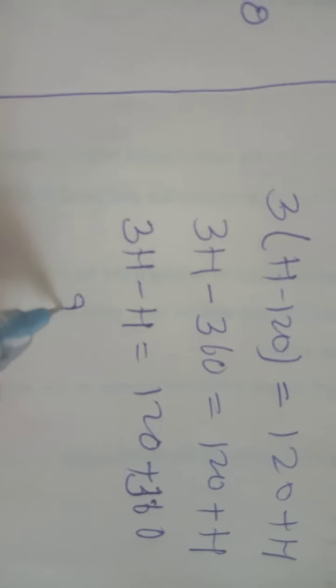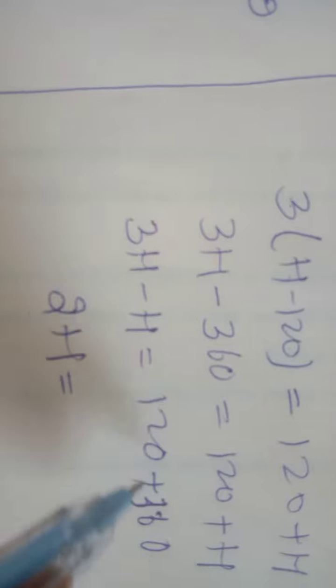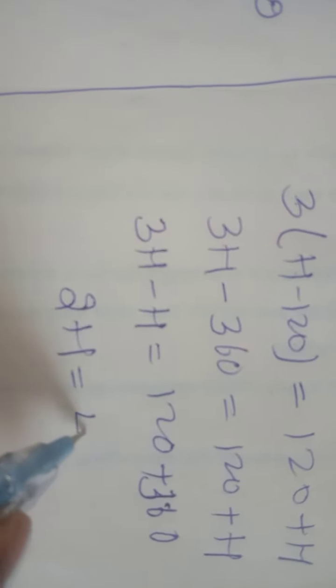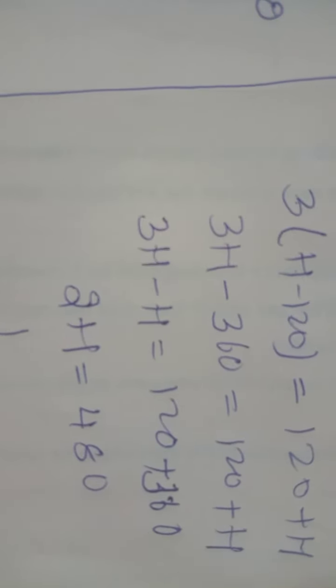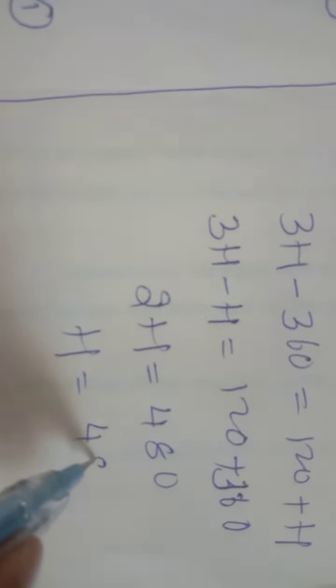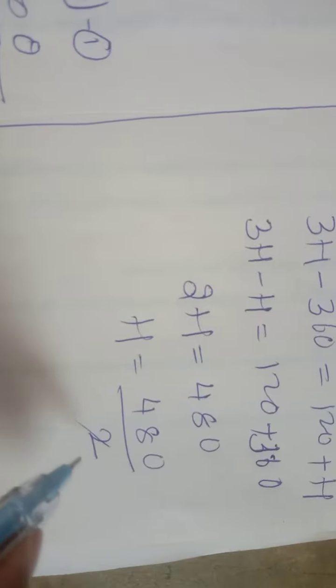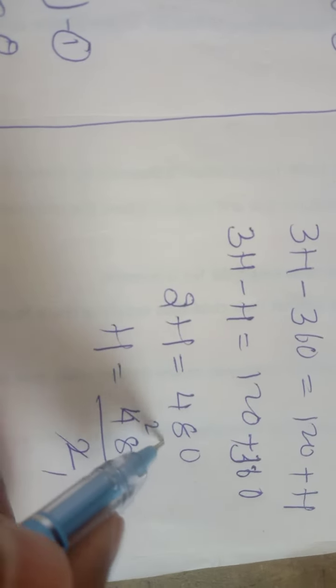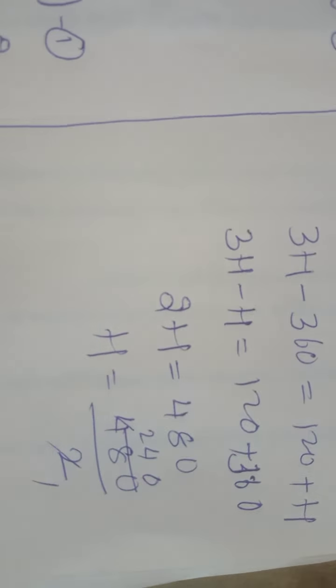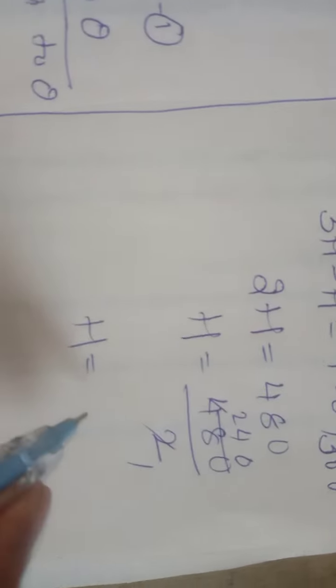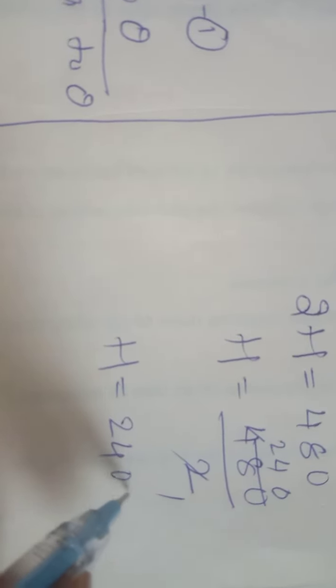3h minus h is equal to 2h. 120 plus 360 equals 480. h is equal to 480 by 2. We simplify: h is equal to 240 meters.